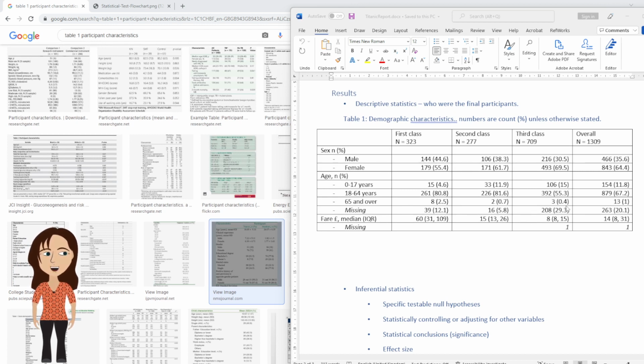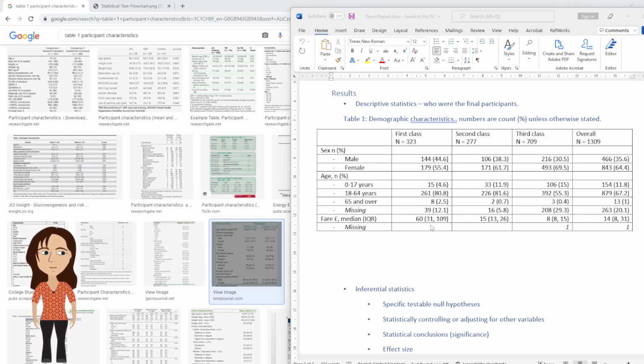If we just look at the age distribution of third class, there is a lot less in the sort of 18 to 64 age group, and there's a lot more missing. So I don't know if that just means there's less data recorded for the poorer people. I don't know. So I feel like all of this needs to be explained with some historical context.